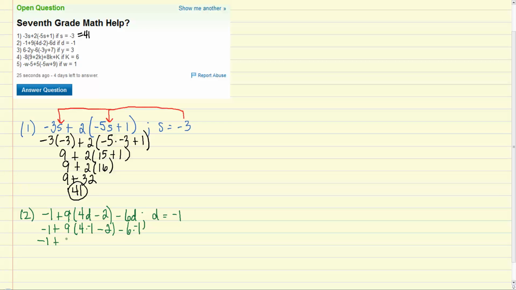Negative 1 plus 9 times the quantity 4 times negative 1 is negative 4, minus 2 minus a negative 6. Negative 1 plus 9 times the quantity negative 6. A minus a negative is just going to be a plus 6. Negative 1 minus 54 plus 6.